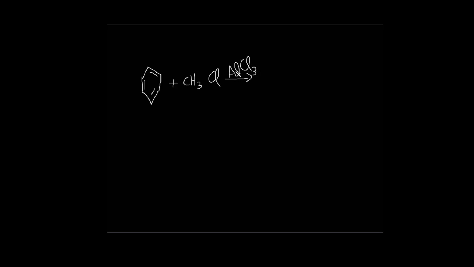Eventually, what the Lewis acid, the catalyst, does is that it takes this chloride and we make a carbocation. So we make this positive because the chloride leaves with its bond. After that, the benzene can attach itself to the R plus group, so we get benzene attached to a methyl group.